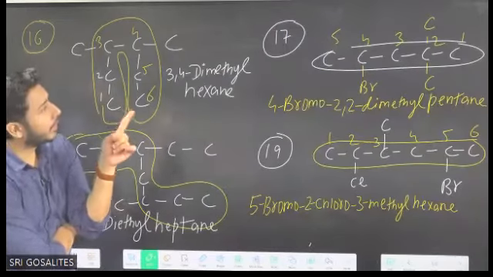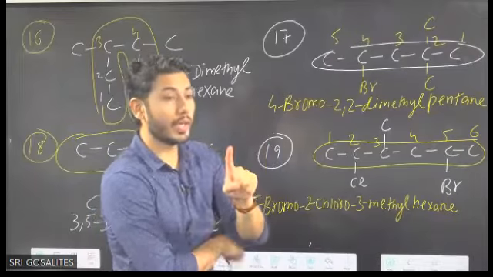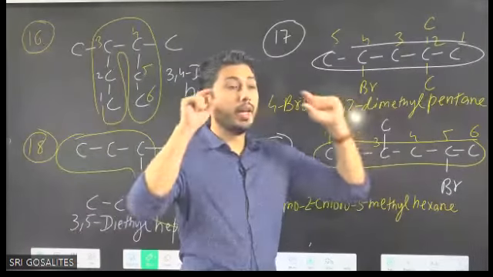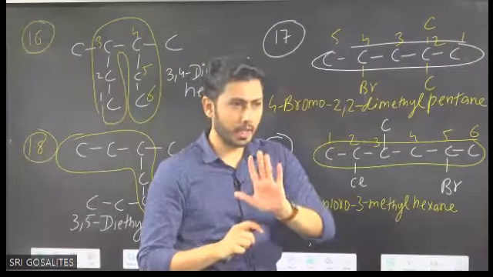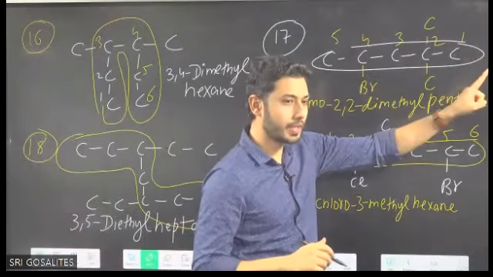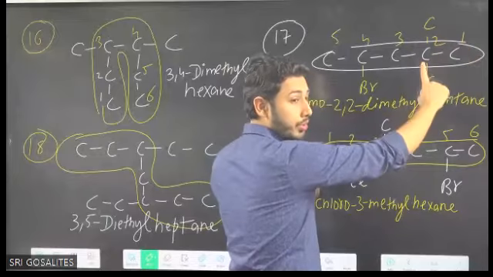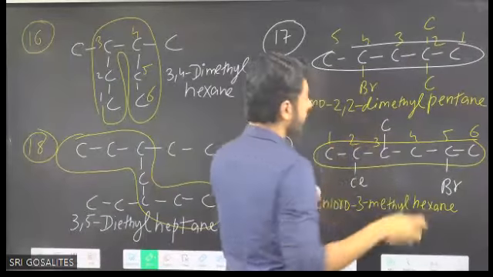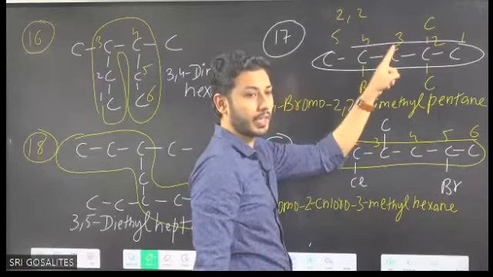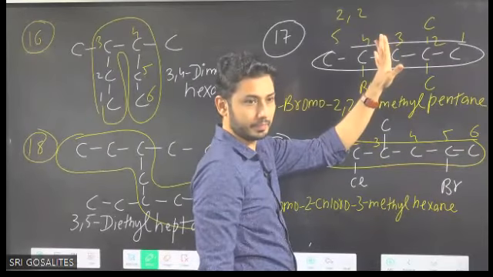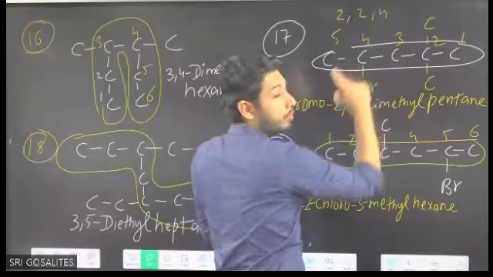Okay. Any doubt in 17th? In 17th, what is the point? Select the longest chain and give minimum number to the substituents or branching. If you start from the right side, 1, 2. How many substituents? Twice. At which position? Second, second. Then the next substituent at fourth. From which side am I writing?